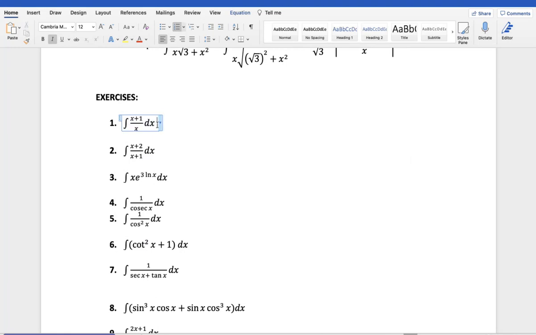So if we look at the first exercise here, we have the integral of (x plus 1) divided by x, right? So immediately when you see something like this, you can clearly see that you can separate this into two integrals. What do I mean by that?